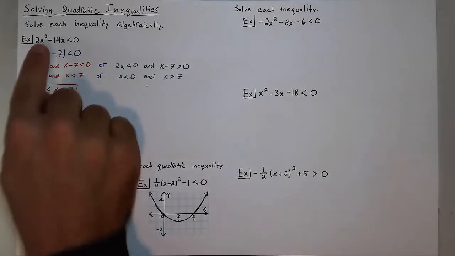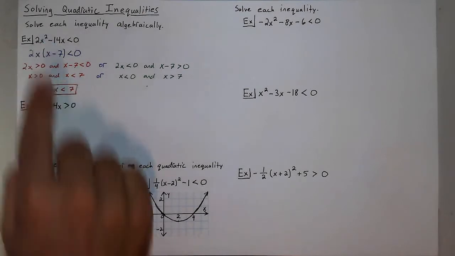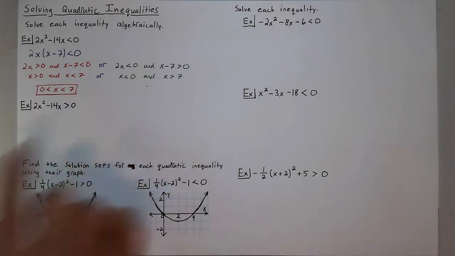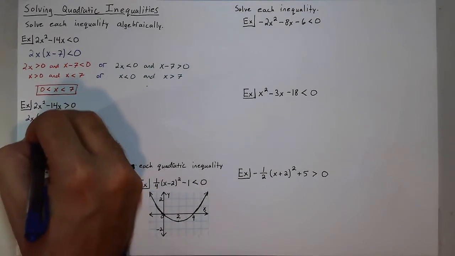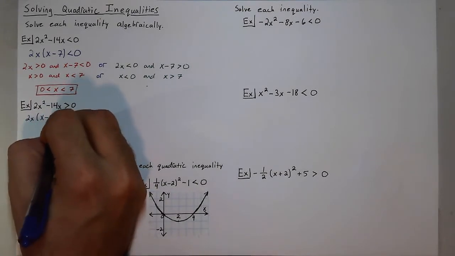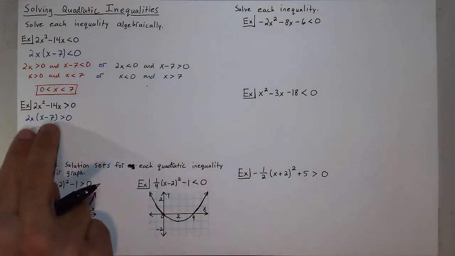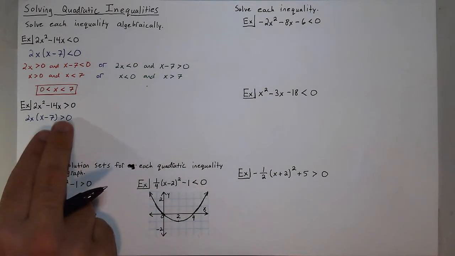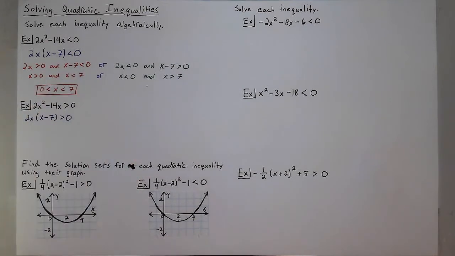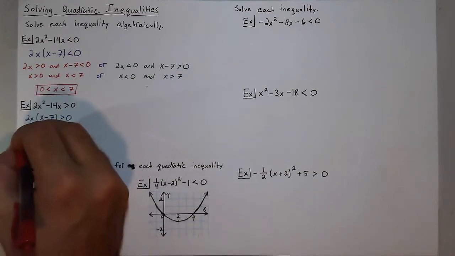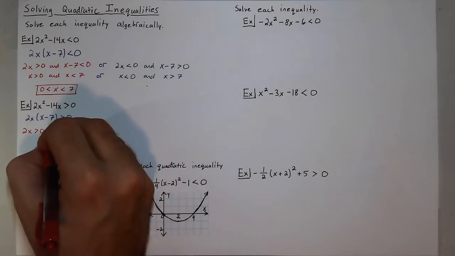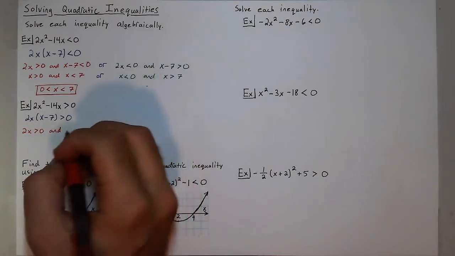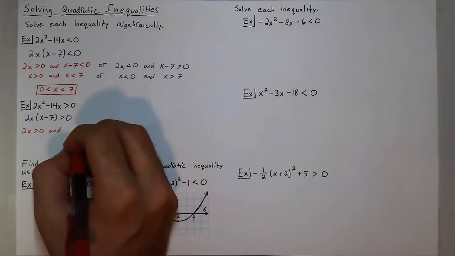Now let's look at the same quadratic inequality, but now with it being greater than 0. Again, we start by factoring. So we'll get 2x times x minus 7 is greater than 0. But now instead of them being opposite in sign, they're going to have to be the same sign so that they're a positive number rather than a negative one. So either they are both positive, meaning 2x is greater than 0 and x minus 7 is greater than 0.